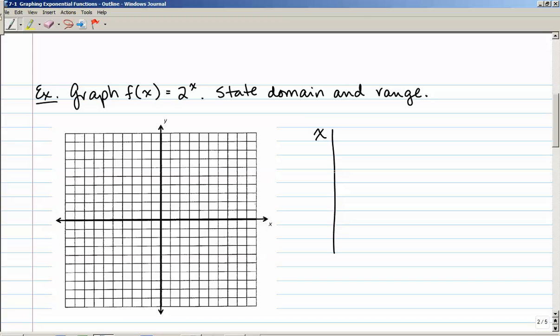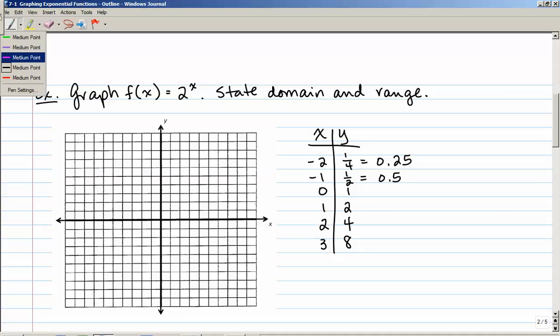When x is -2, my y is 1/4, or if you prefer the decimal, 0.25. When x is -1, my y is 1/2, or 0.5. When x is 0, y is 1, 1 is 2, 2 is 4, and 3 is 8.